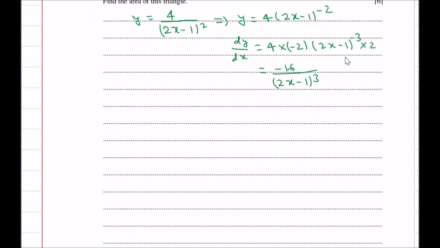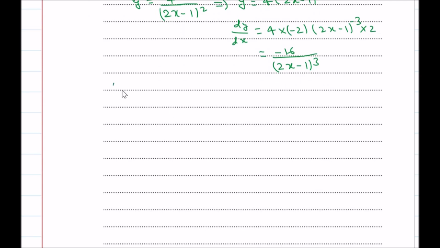So when x equal to 3 by 2, dy by dx is equal to minus 16 divided by 2 into 3 by 2 minus 1, power 3, and if you simplify this, we get minus 2.